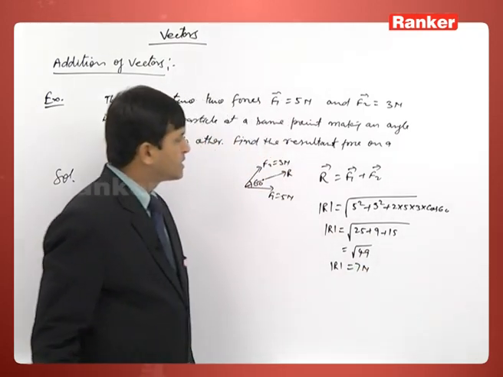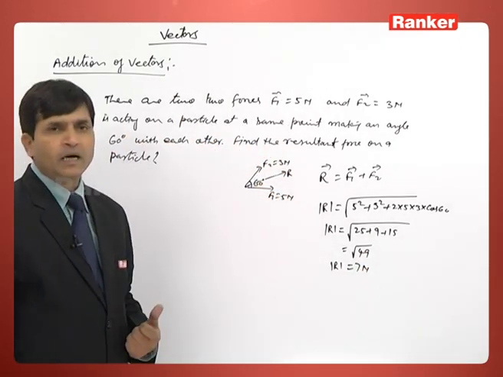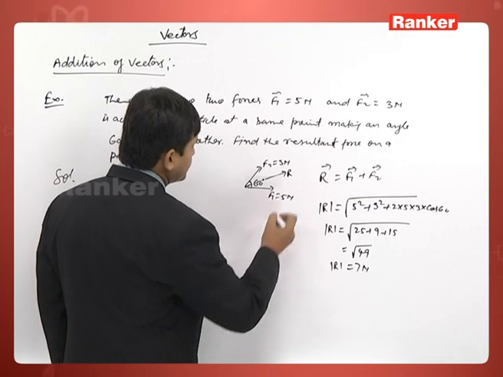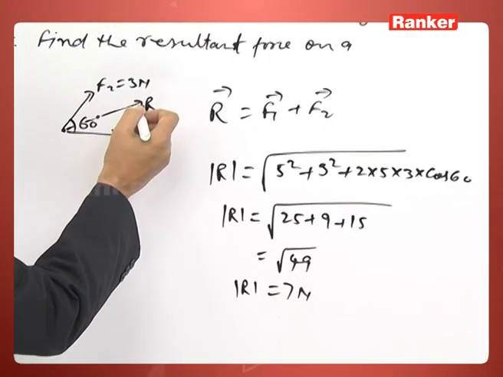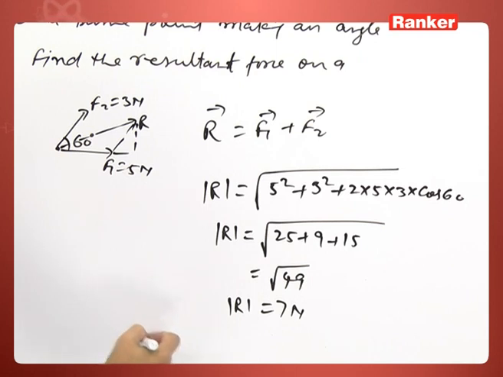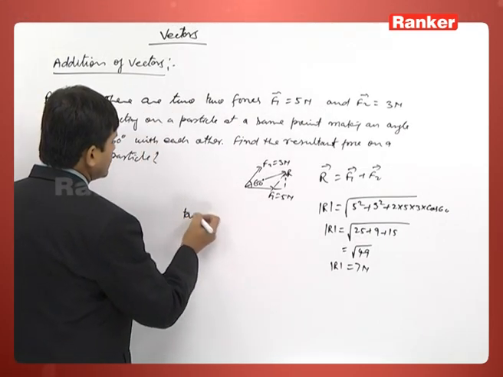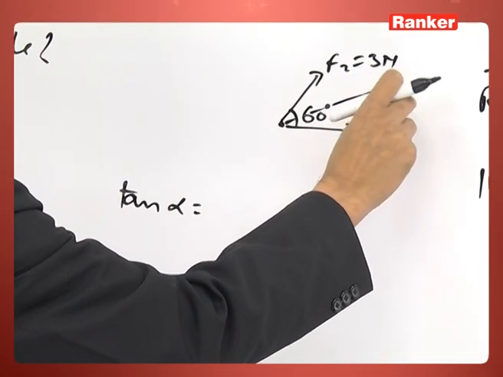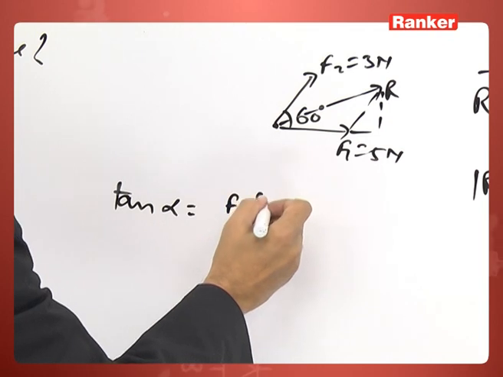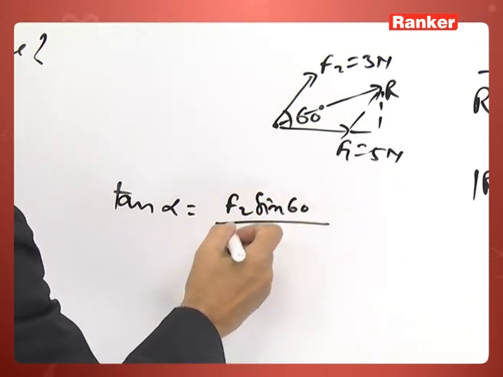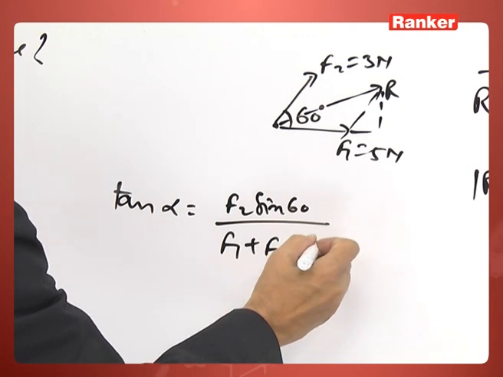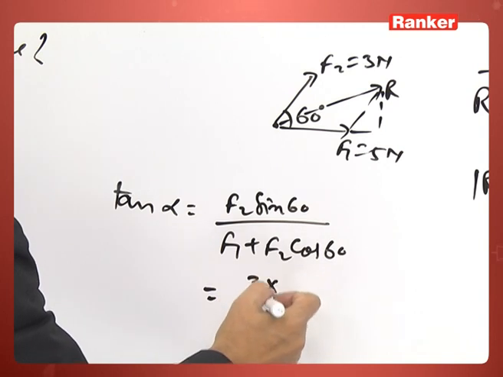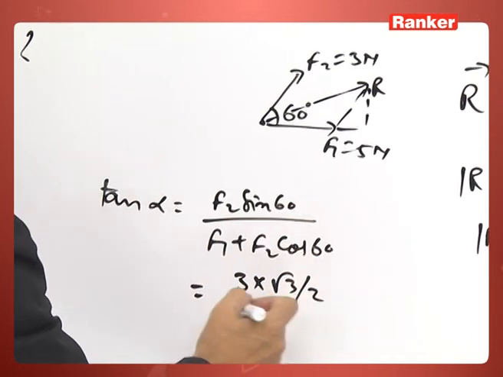So, net force on the particle is 7 Newton, and if they are asking about the direction of force, as per the law of parallelogram, we can say here tan alpha for direction. Tan alpha is F2 sin 60 by F1 plus F2 cos 60. F2 here is 3, sin 60 is root 3 by 2.